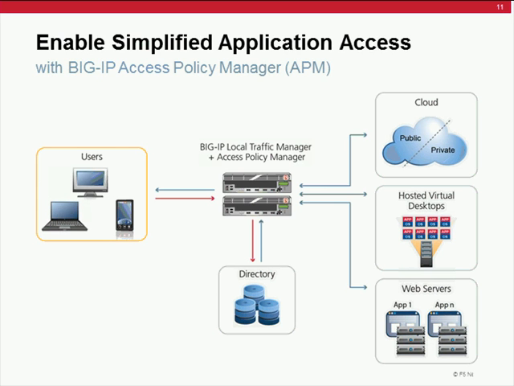A lot of times it could be managed on application servers, sometimes in applications themselves. That doesn't scale very well. It's very ineffective and very costly to manage access and authentication in many different locations. We have been talking to the marketplace about consolidating that access to BIG-IP.